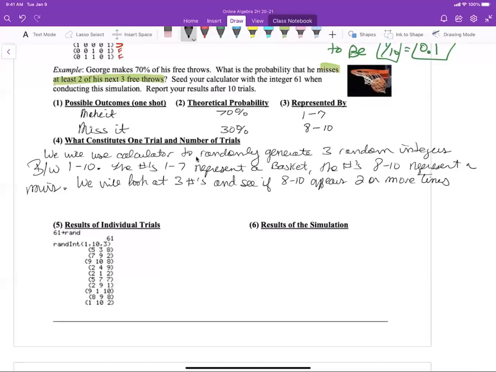If so, I'll call it a success, even though it's a miss. If not, it fails the test.